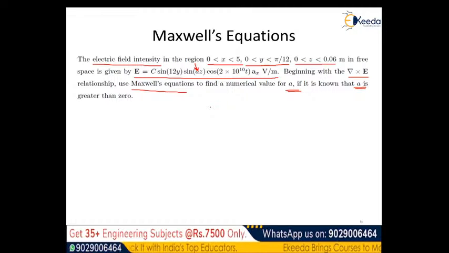Now, the first equation in the Maxwell set is del bar cross of E bar equal to minus del B by del t. Del bar cross of E bar is the curl operation.